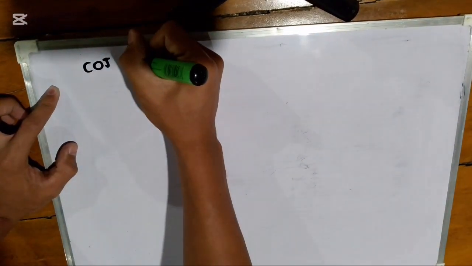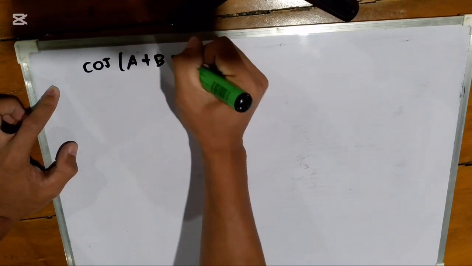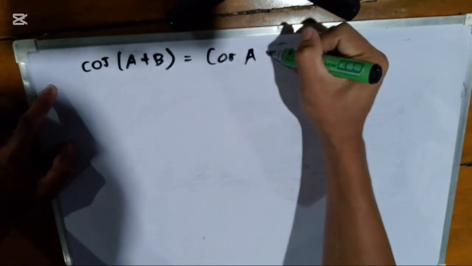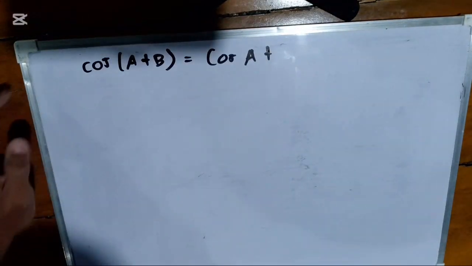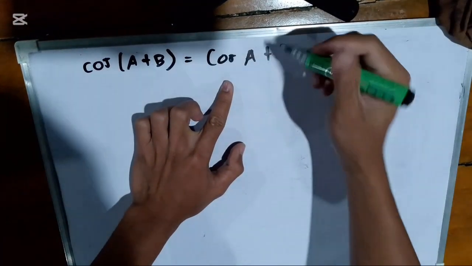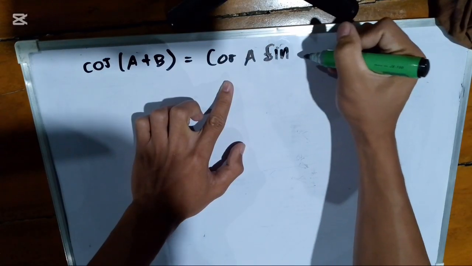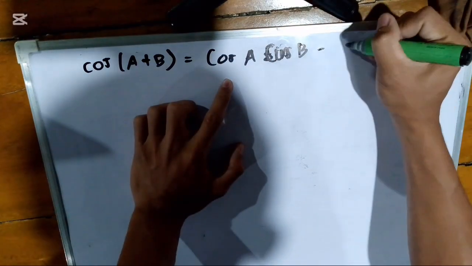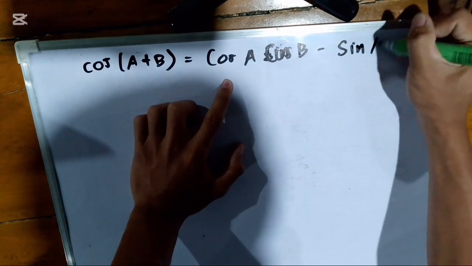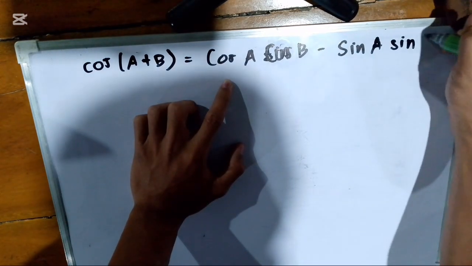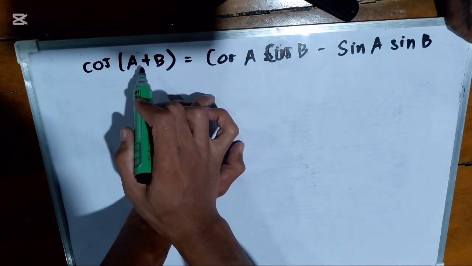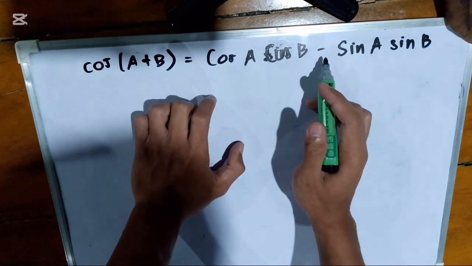And the formula of this is cos (A plus B) equals cos A cosine B minus sine A and sine B. Remember that this sign is opposite of this sign.